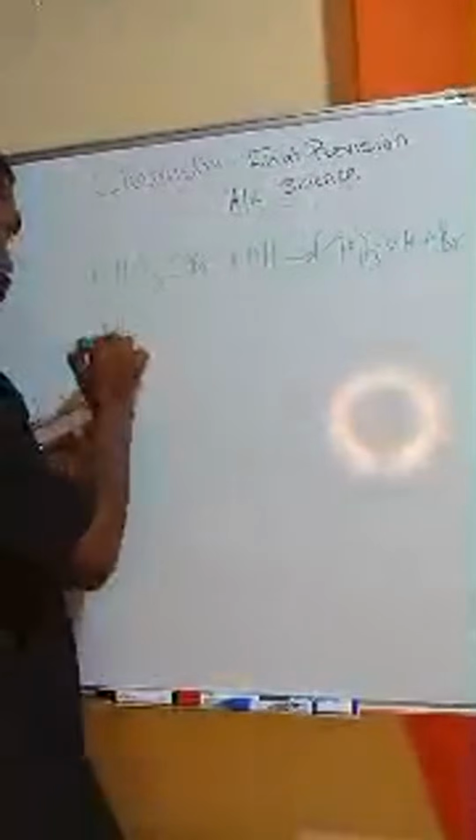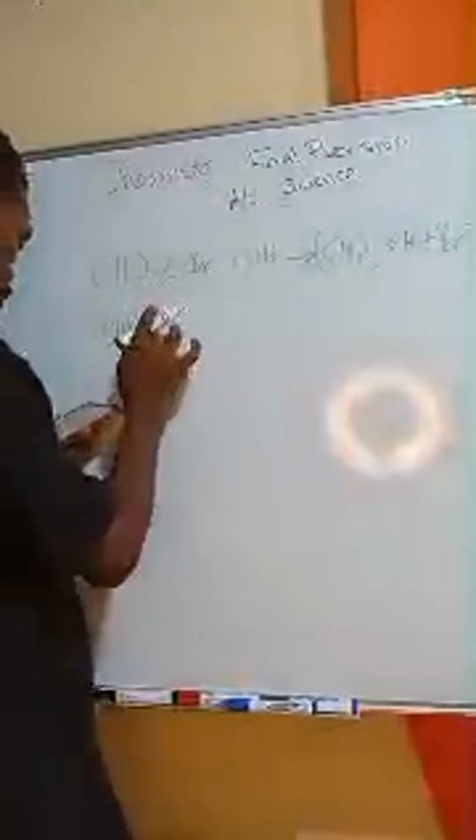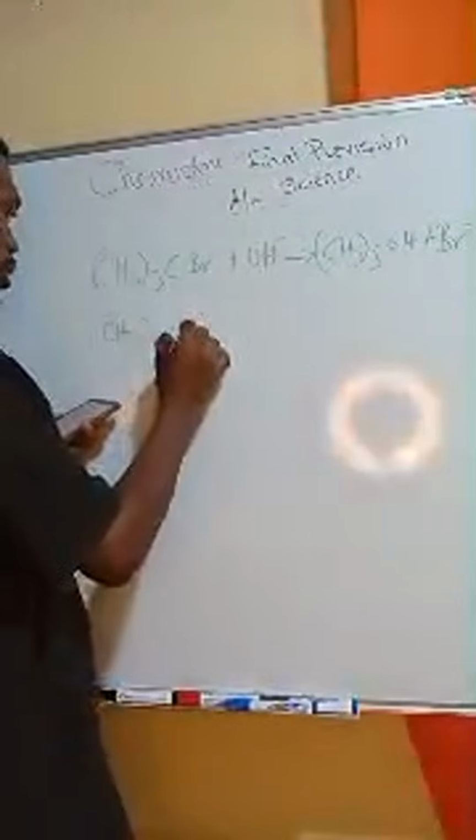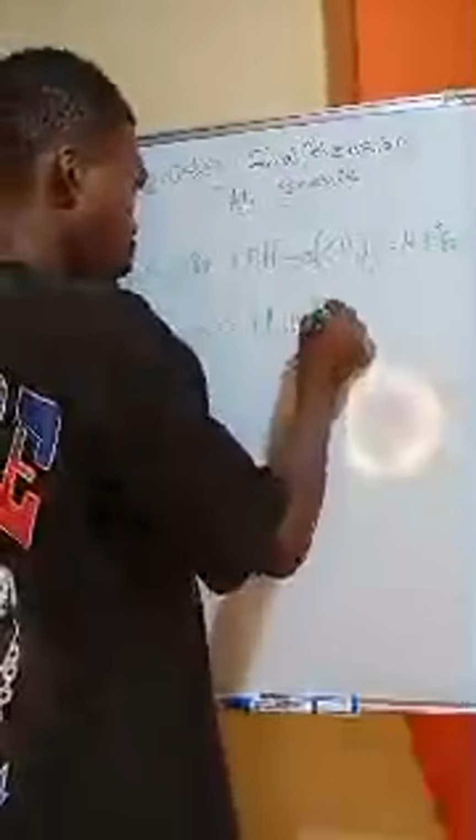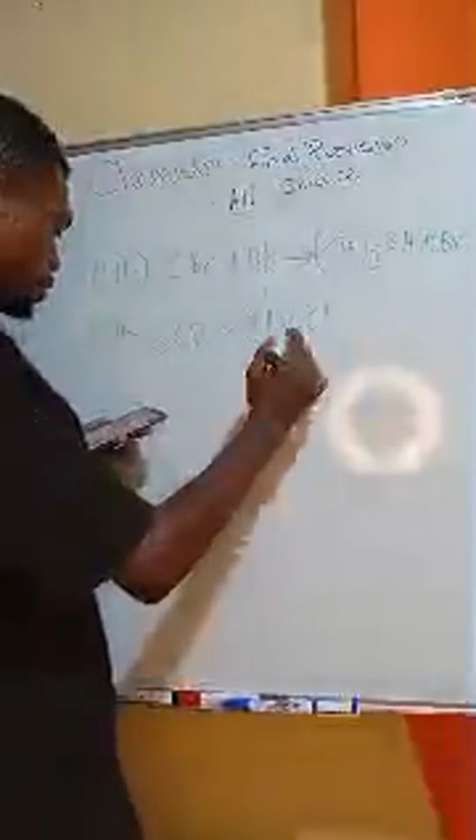So I'll put it here for you. It is for this particular reaction here. We just want to put the mechanism now. We have first of all (CH3)3CBr, which gives (CH3)3C+ plus Br-. You can see what is happening at this level.